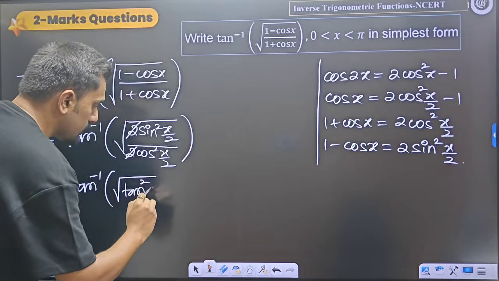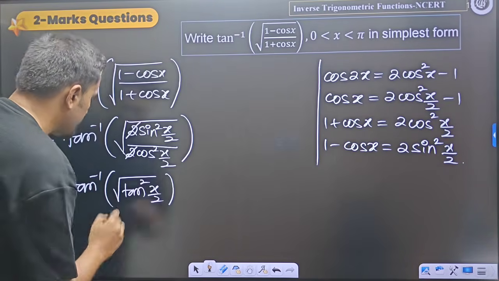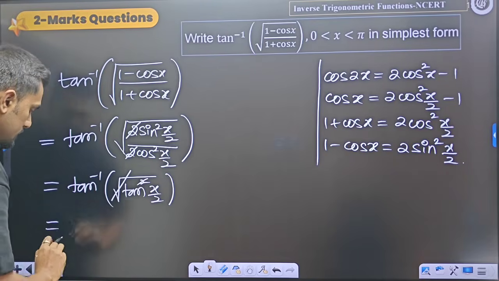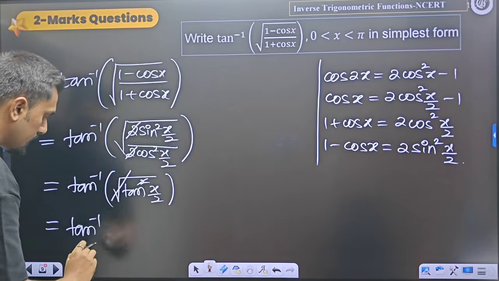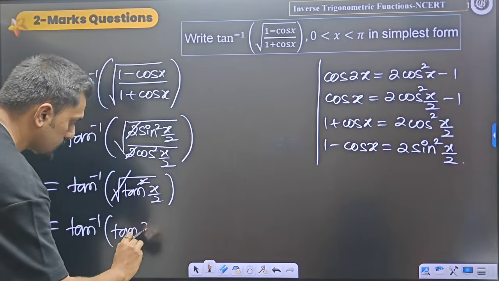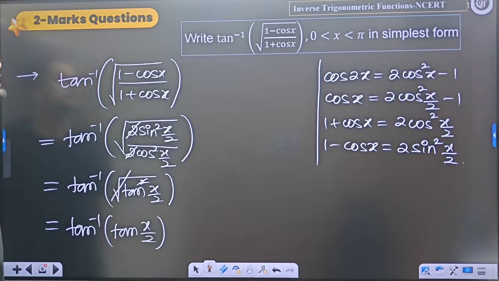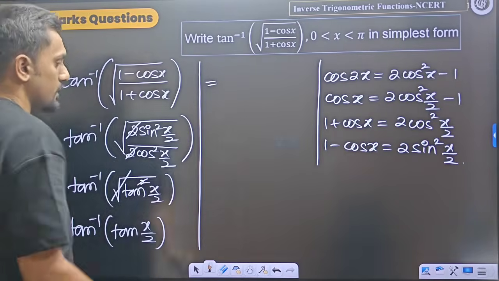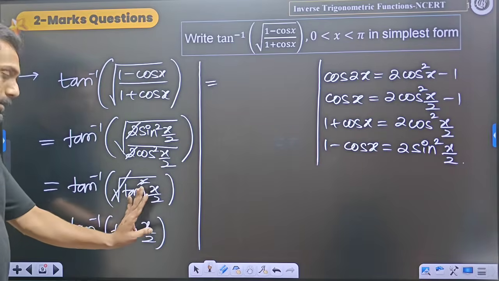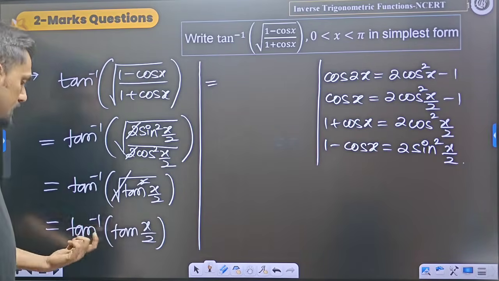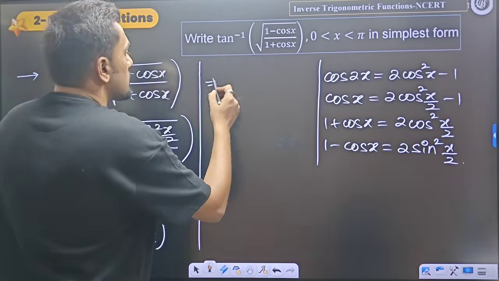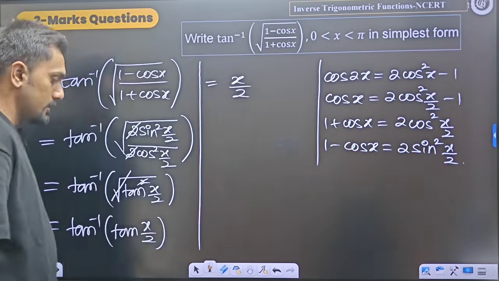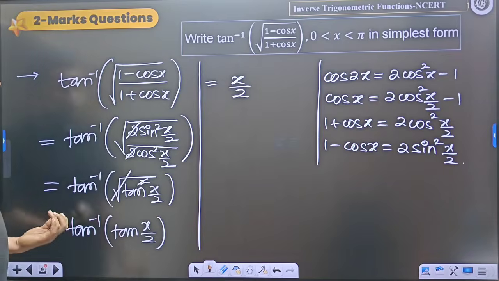In place of theta we have x by 2, right? Here square root and square get cancelled. We have got tan inverse of tan of x by 2. So by the property of inverse trigonometric functions, tan inverse of tan of anything is equal to what? x by 2, right?